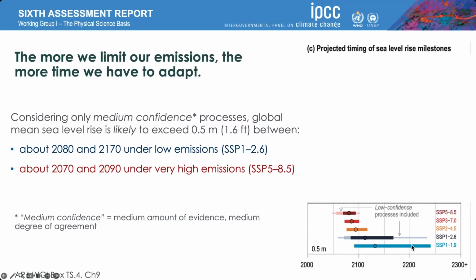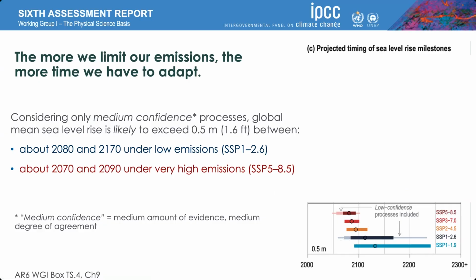The dark bars show the range in which that half meter will likely be exceeded, considering only medium confidence and high confidence processes. And the light bar for these two scenarios, SSP1-2.6 and SSP5-8.5, illustrates the potential contribution of low confidence processes.